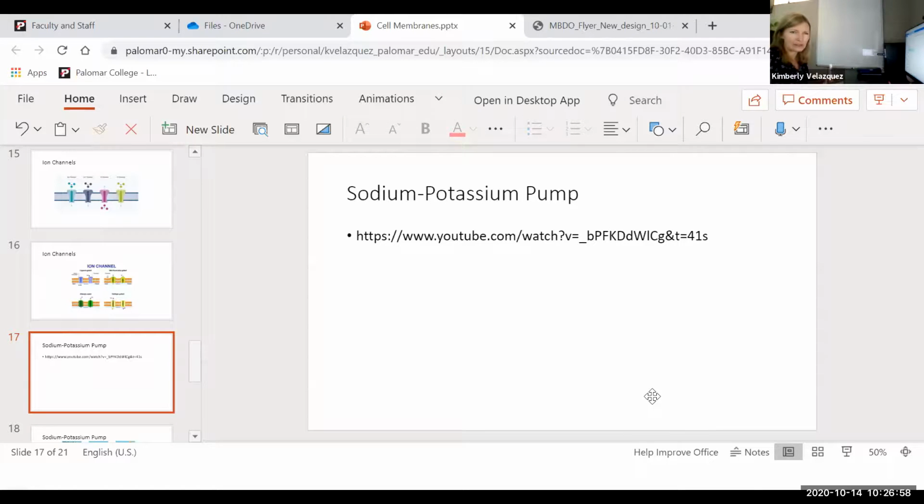So we're going against a concentration gradient. You can write out sodium, potassium, or you could just do the short version, which is just showing the ions like that. And this is active transport.